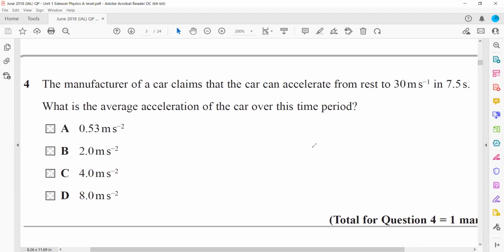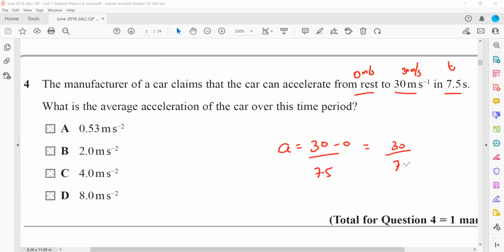Initial velocity is 0, final velocity is 30, the time is 7.5. So acceleration is change in velocity, 30 minus 0 divided by 7.5. 30 divided by 7.5 is 4 meters per second square. So C will be the right answer.